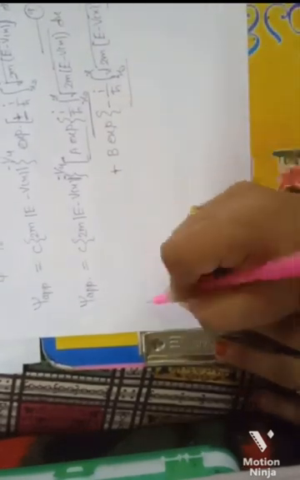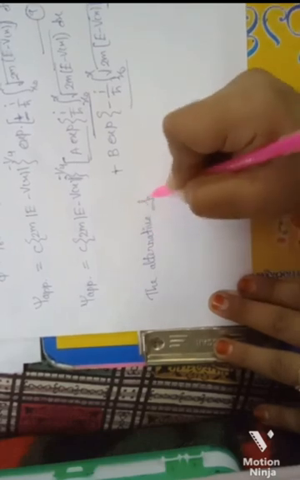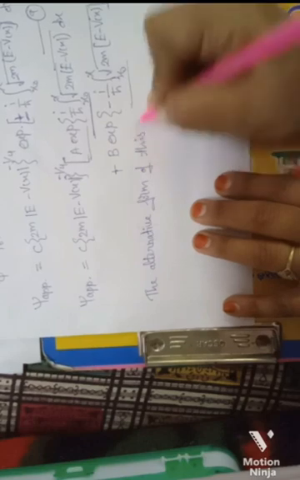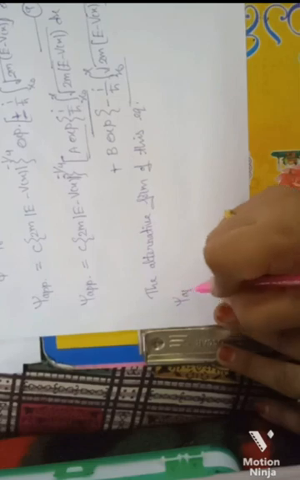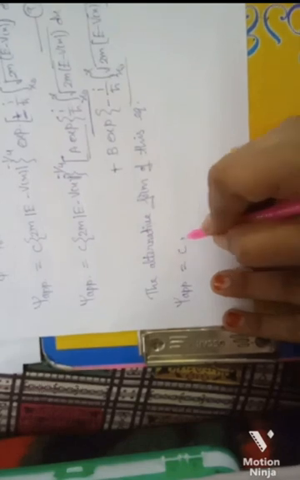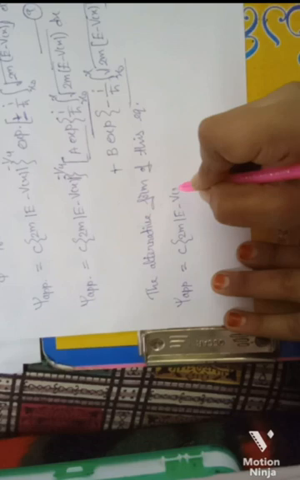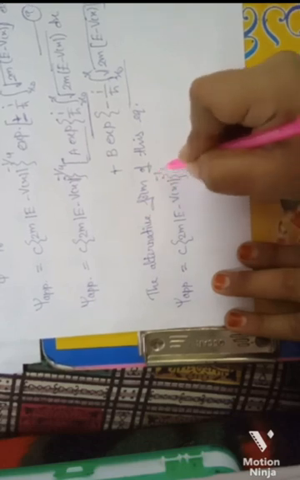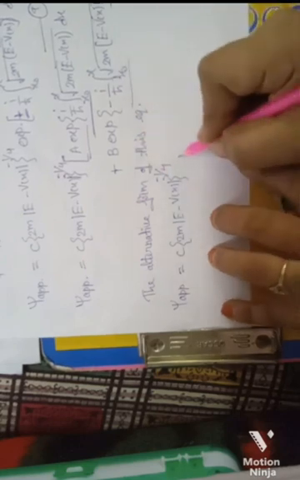The alternative form of this equation is psi approximate equal to c into 2m into (E minus V of x) power minus 1 by 4, no change in this, but this is the form of cos.